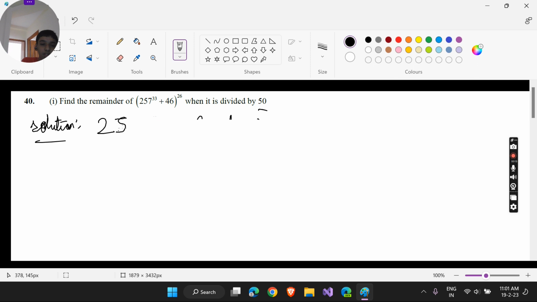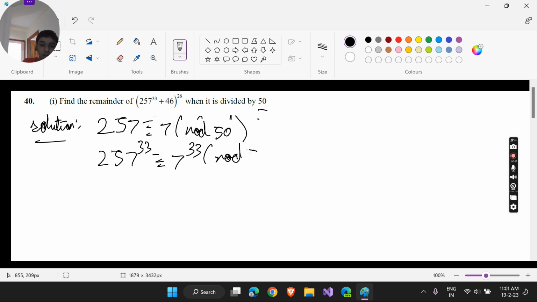So as you see, 257 is congruent to 7 mod 50. So that means 257 to the power of 33 is congruent to 7 to the power of 33 mod 50. So 7 square is equal to 49 and this is already congruent to minus 1 mod 50.